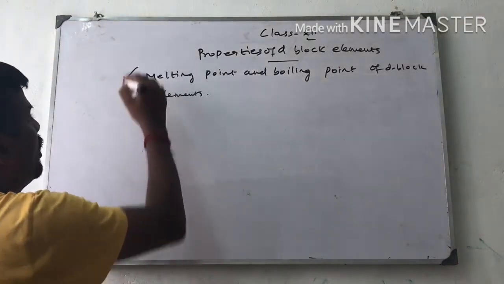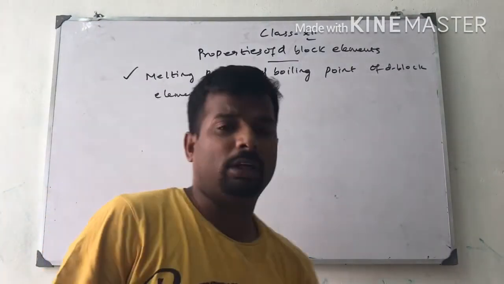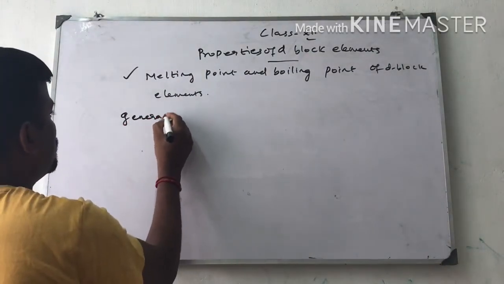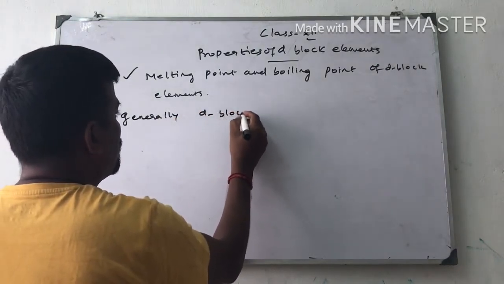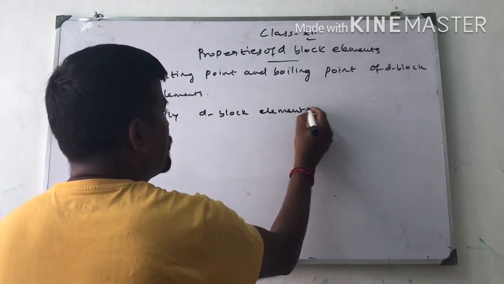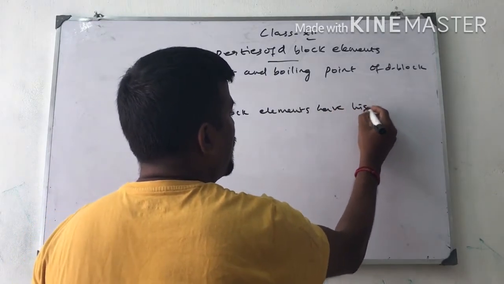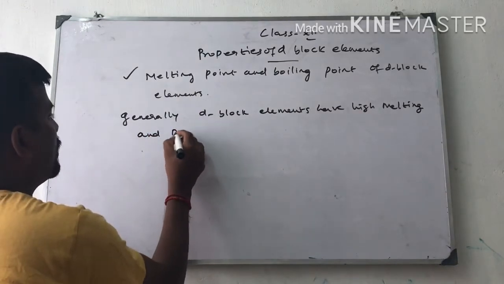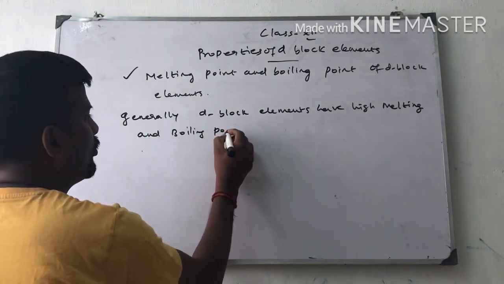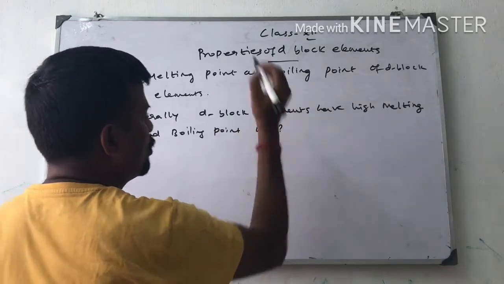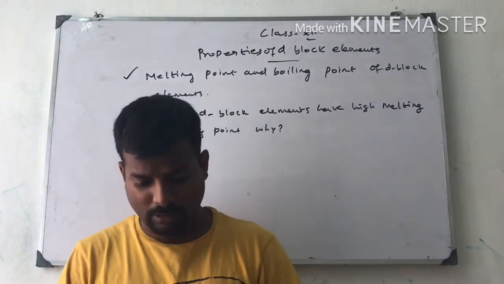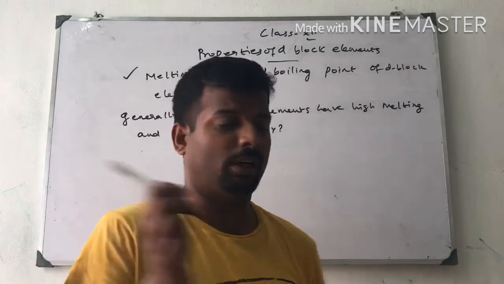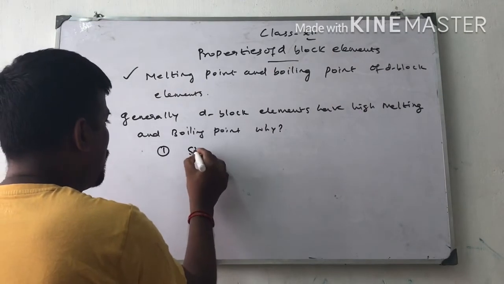Next I am going to talk about the melting point and boiling point of D block elements. Generally, D block elements have high melting and boiling points. Why? This is the question. The high melting and boiling point is due to two reasons. One reason is strong metallic bonding.